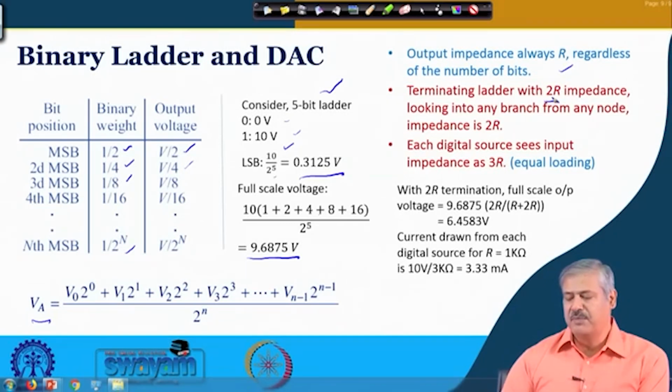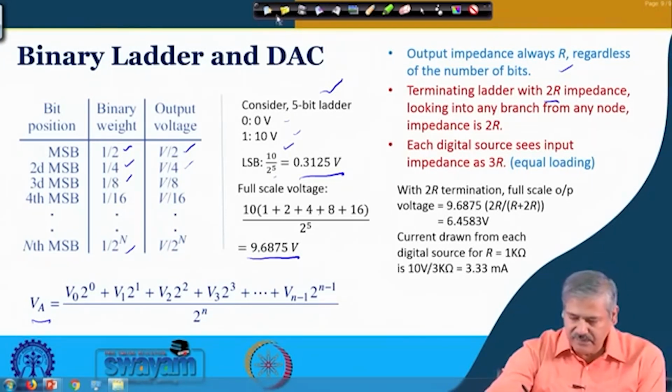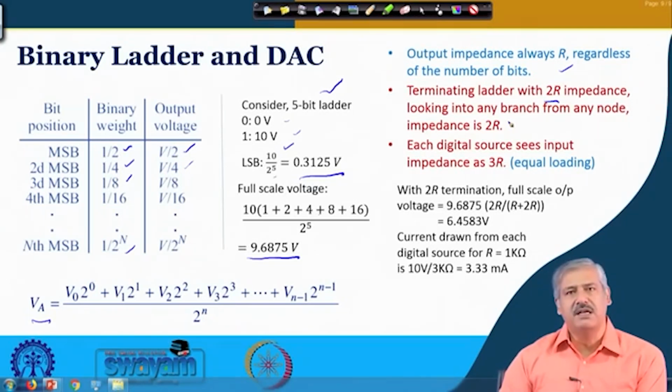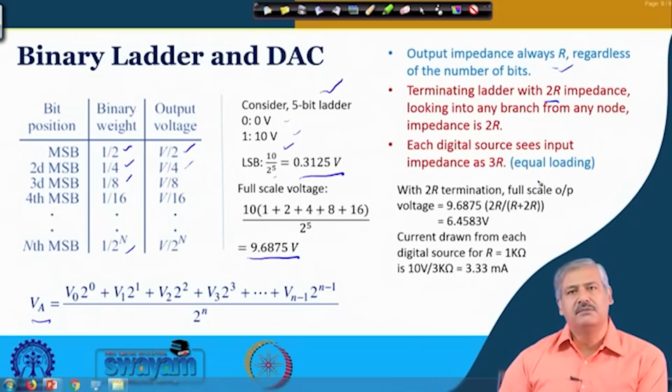So, if it is terminated with 2R, then looking into any branch in the ladder from any node, the impedance is seen as 2R. That is what you can analyze and see. And for each digital source, this is R and the 2R, so it will see an impedance of 3R. So, for the digital source, R and 2R put together is 3R, right.